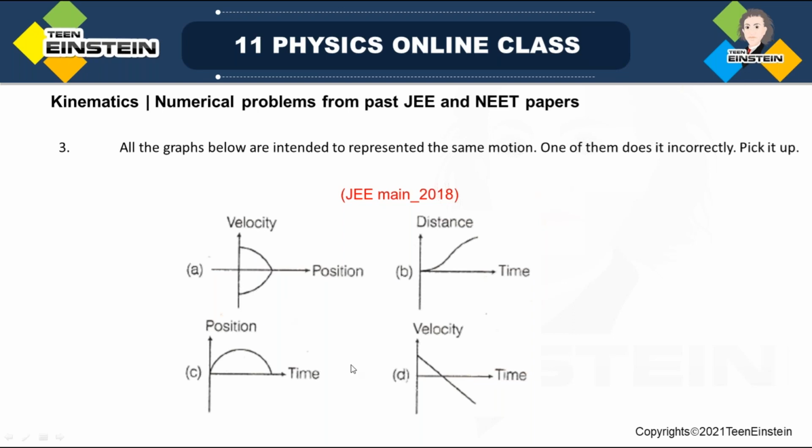Except one, all of them are actually representing the same motion. You have to find out the odd one. I'll repeat the question. In these four graphs we are trying to represent a particular motion, but one among these will not be able to represent that particular motion correctly. So that you have to find out.